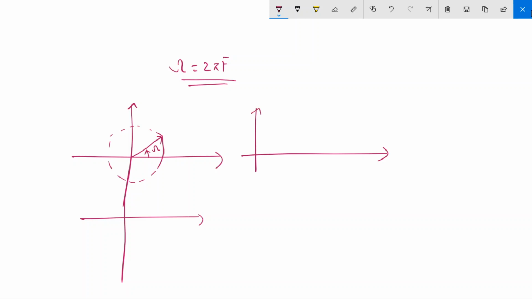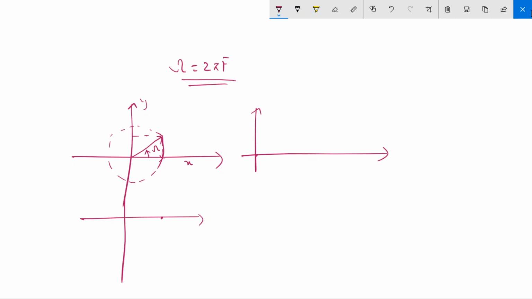If you project this phasor on the x-axis, the real axis, this is the imaginary axis, the projection on the real axis gives rise to the cosine function. The projection of this rotating phasor on the y-axis gives rise to the sine function. Let us suppose we start from t equal to 0 when the phasor is at this point. So the projection on the x-axis is 1, the projection on the y-axis is 0. So the cosine function will start from 1, and the sine function will start from 0.